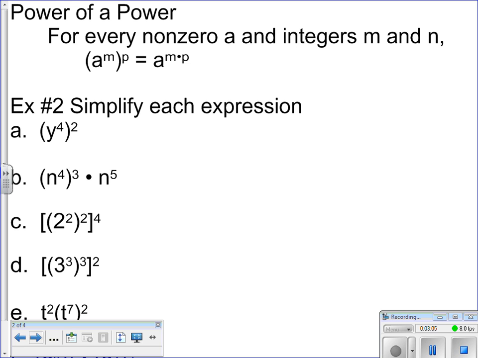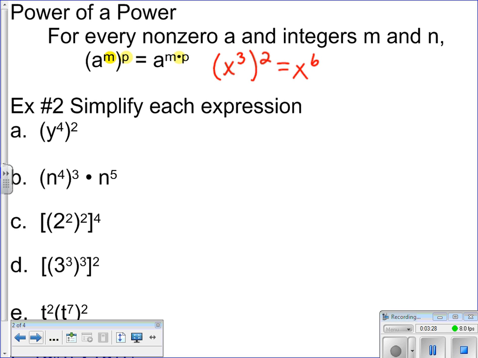Here we have an example of where there's 2 exponents but only one base. Now if there's 2 exponents, you multiply them together. So for example, if you have x to the 3rd squared, you take the 3 and the 2 and you multiply them together.